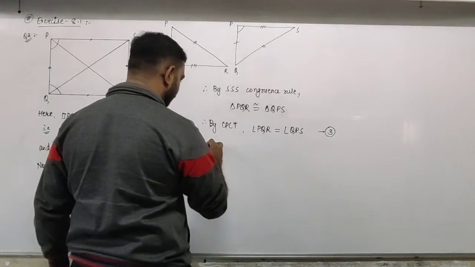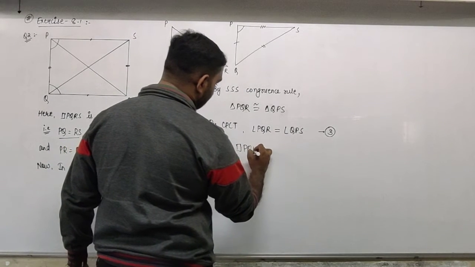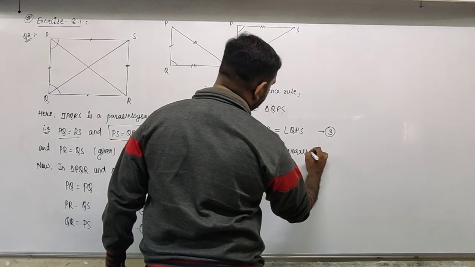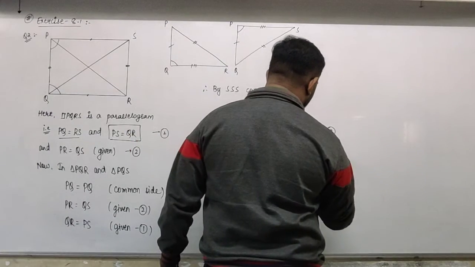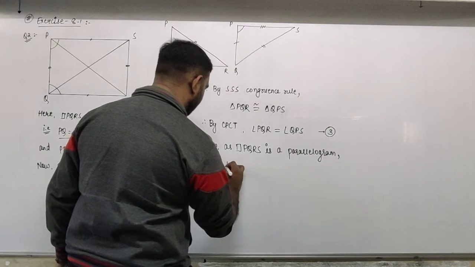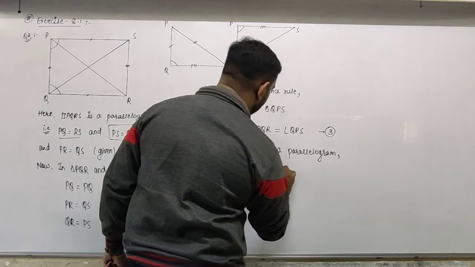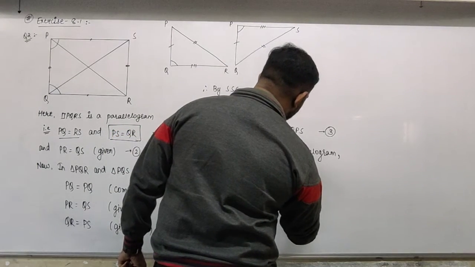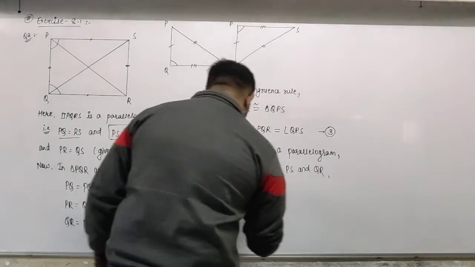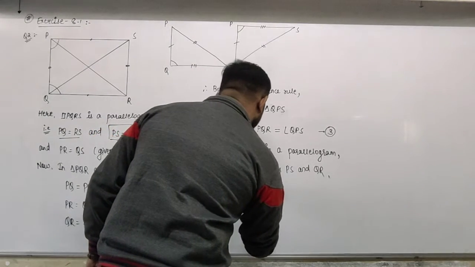Now as PQRS is a parallelogram, then for parallel sides PS and QR, PQ acts as the transversal.